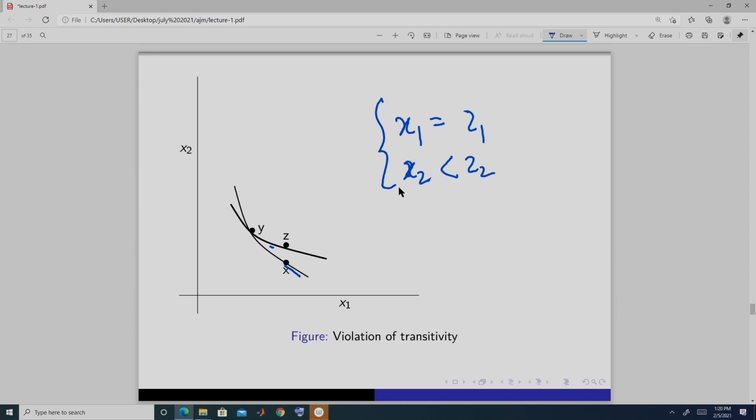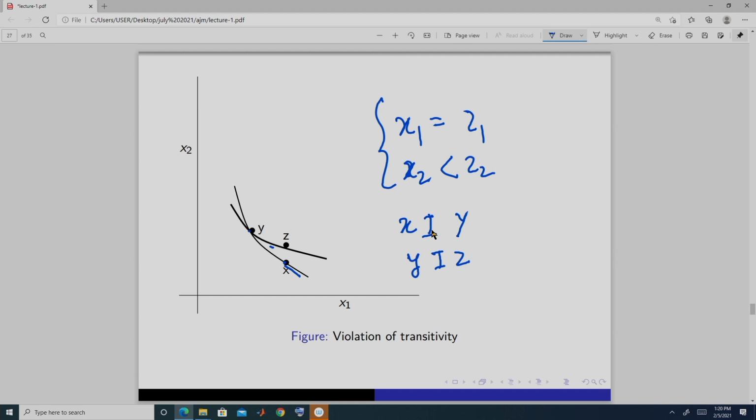It is obvious from this. But now see, x and y are on the same indifference curve, so I am indifferent between x and y, right? Y and z are on the same indifference curve, so I am indifferent between y and z, right?